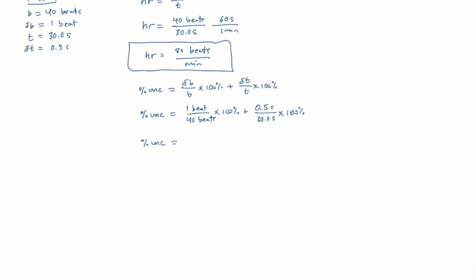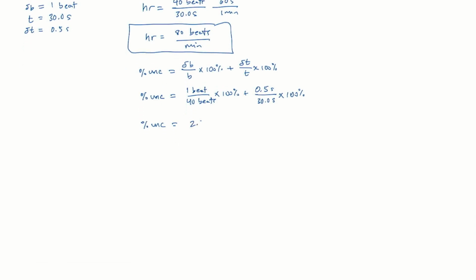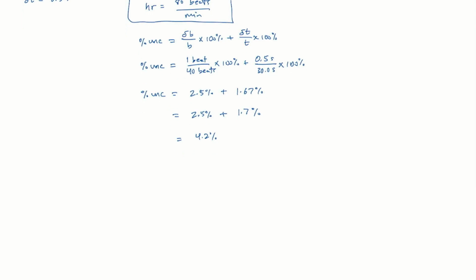This gives us 2.5% plus 1.67%. We'll round that, so we'll have 2.5% plus 1.7%. That gives us 4.2%. But our 80 beats has no decimal places, and so we'll keep this at 4%.